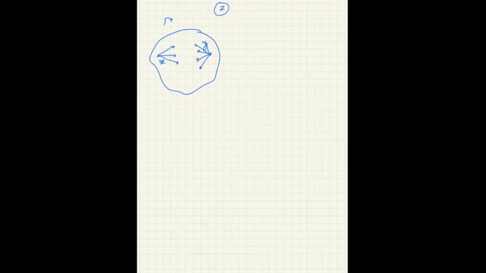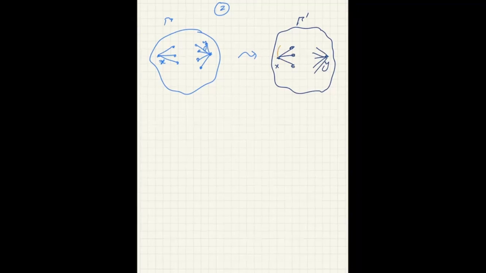Now, from gamma, I can construct a graph, or technically a multigraph, gamma prime, in which I keep everything as in gamma, except I add one edge from X to Y. Now, if there was an edge already between X and Y, then there will be multiple edges between X and Y, so the graph wouldn't be simple. But if there was no edge between X and Y in gamma, this graph would still be simple if gamma was simple.